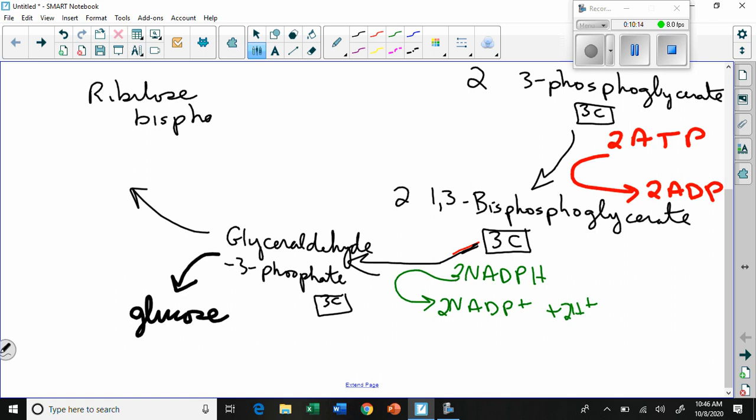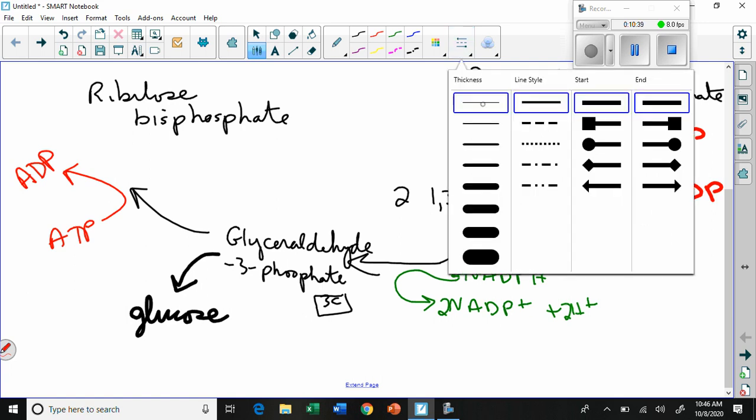Ribulose bisphosphate. And of course, in order to do that, we've got to add some phosphate. And so we have to add ATP again. So we get our ATP coming into this process and adding its phosphate, phosphorylating this molecule so that it becomes ribulose. Maybe I should make that arrow go a little bit further, eh?